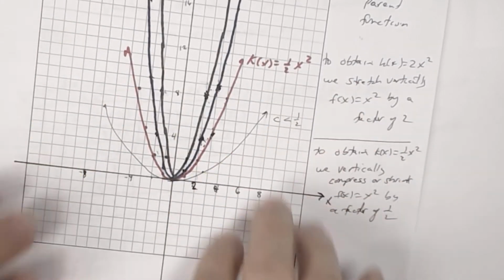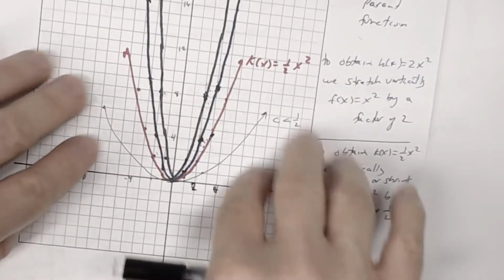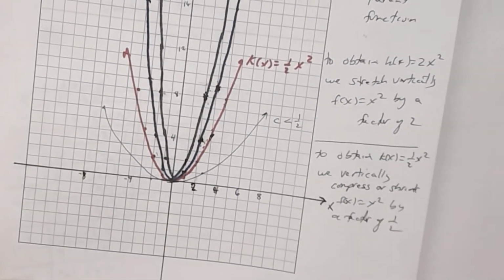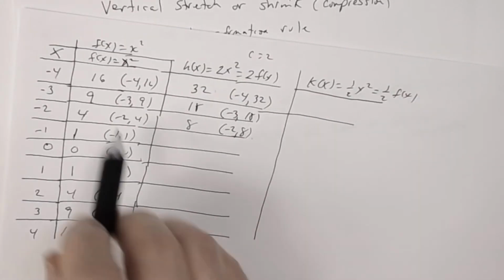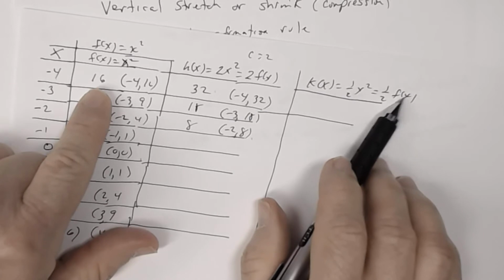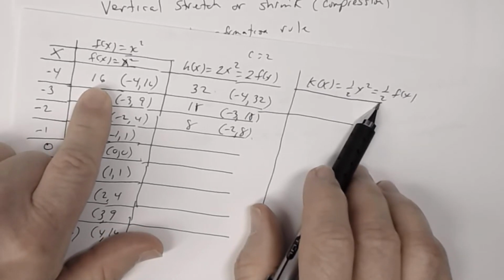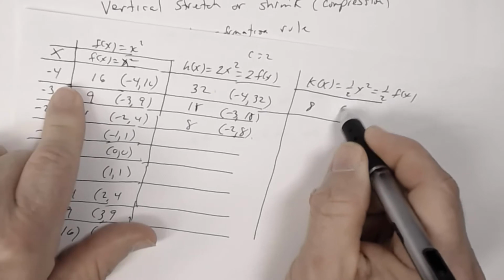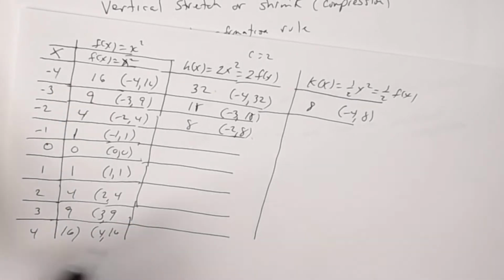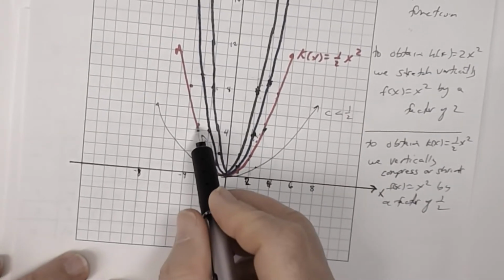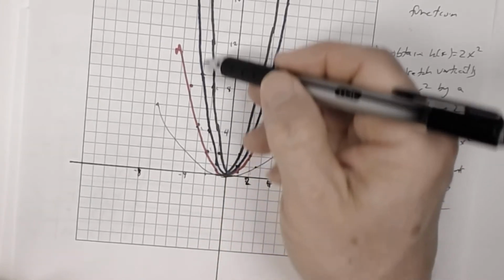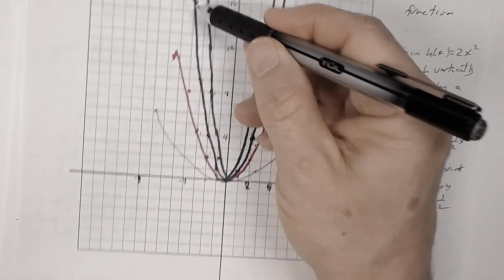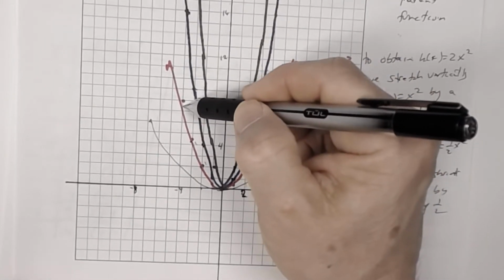So we're pulling it toward the x-axis. When my y value is 16, I'm taking half of that, so I got 8. So I got the point negative 4, 8, and if I go to my graph and look at negative 4, 8, that is right here. On this graph it was negative 4, 16, and it became the point negative 4, 8.